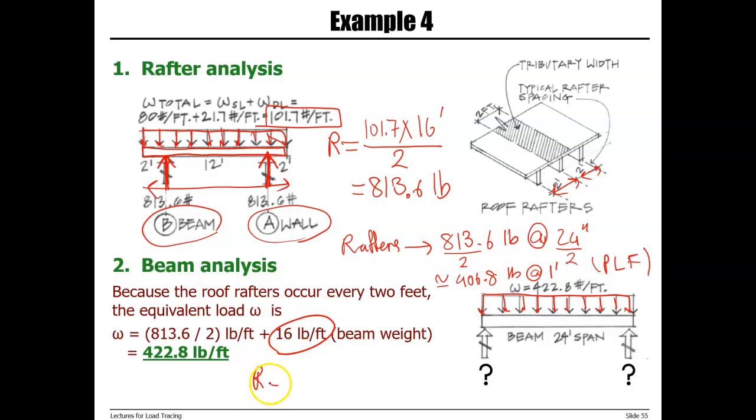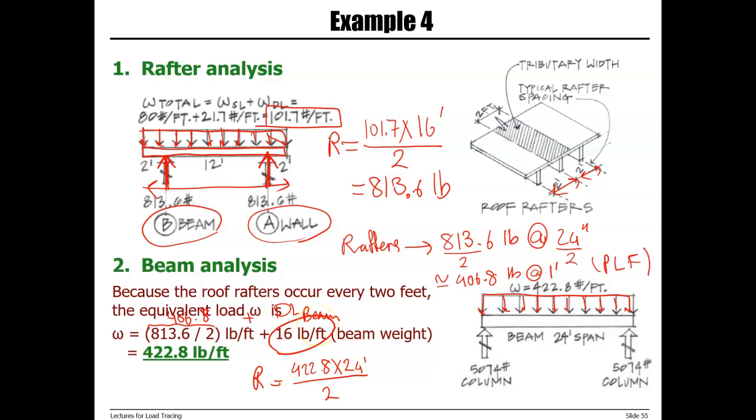And the reactions are 422.8 times 24 feet, which is the span length, divided by 2. So this is 406.8 plus the load of beam per foot.